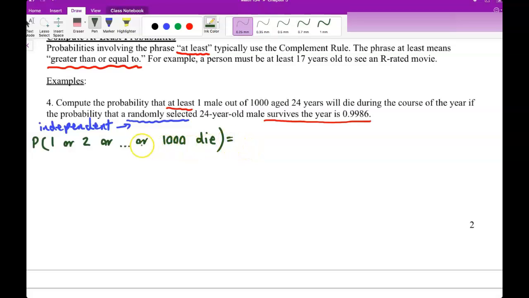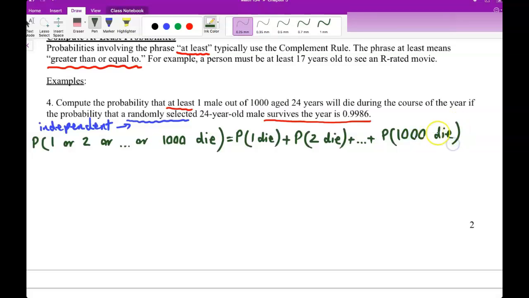To find the answer for that part, since we have "or" in between, we should use addition. When you have "or," addition; when you have "and," multiplication. So this is what they ask you to find.